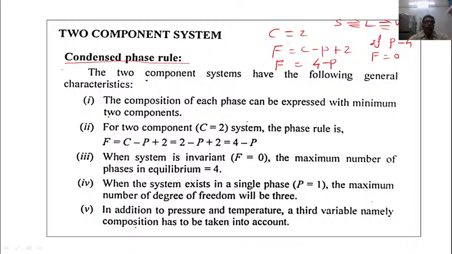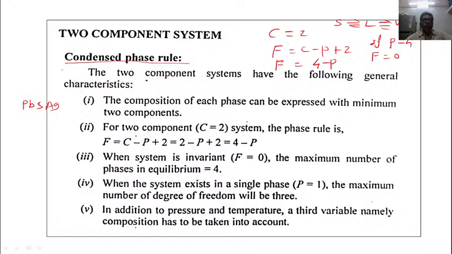Suppose we consider the lead and silver system, for example. In this lead and silver system, the two components are lead and silver. To express the composition of each phase in the system, we require a minimum of two components.